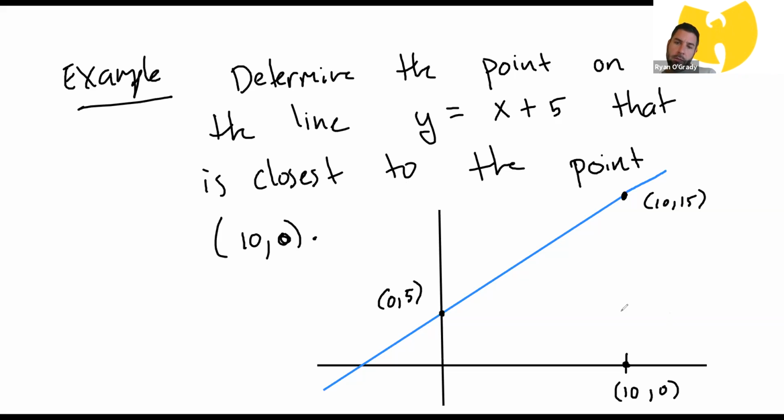We understand that there has to be some point right here that minimizes the distance to the point 10, 0. We understand what the problem's asking.